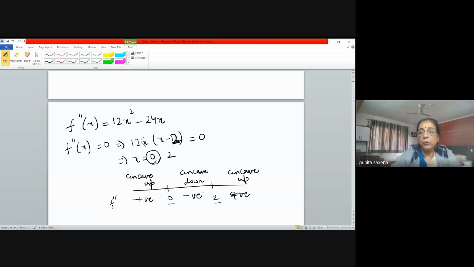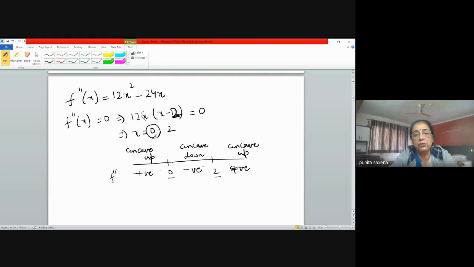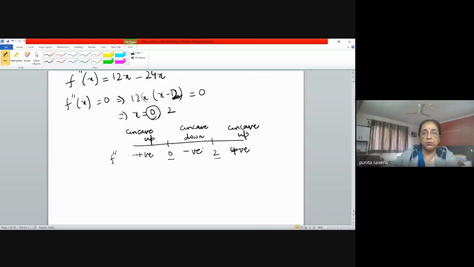Okay, so we'll say that because the concavity has changed while passing through x equal to 0 and x equal to 2, therefore we'll say that अब फिर वही करेंगे, f at x equal to 0 हम पहले ही निकाल चुके हैं, कितना था 10, है ना?